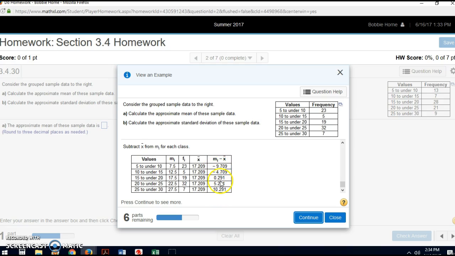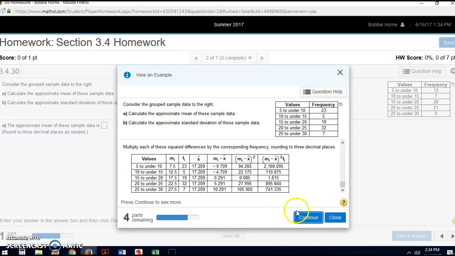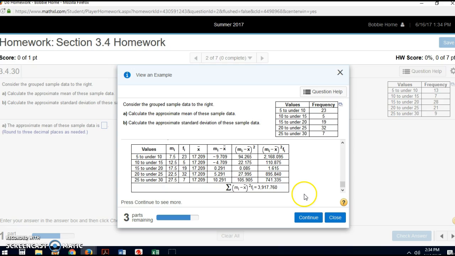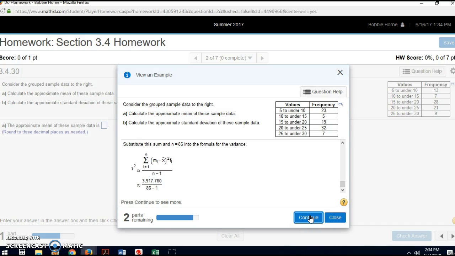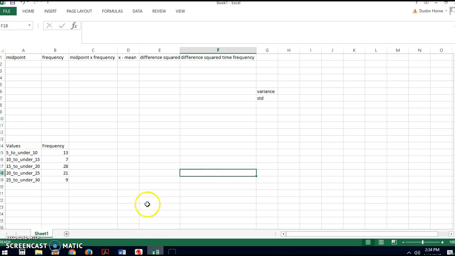So for every step, you need to make sure each answer is in 3 decimal places. And they continue to do this throughout, not just when they get to the final answer, but every answer needs to be rounded to 3 decimal places, which is your thousandths place. If you don't do this each step, your number is going to be off. So I wanted to do a video to show you exactly how to do this.